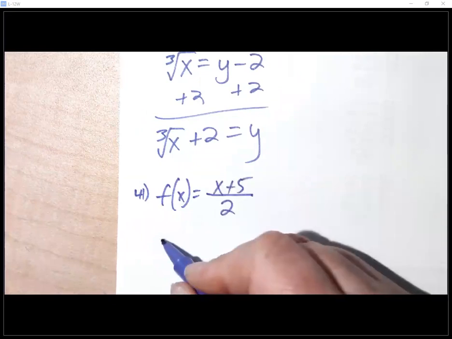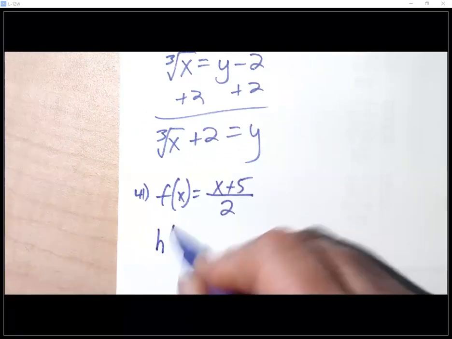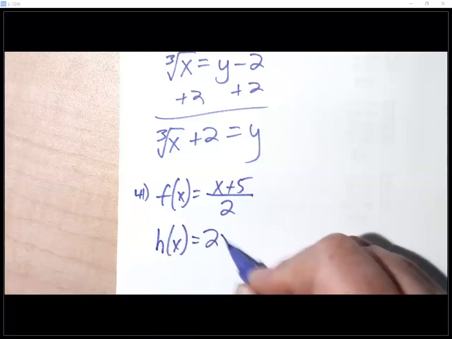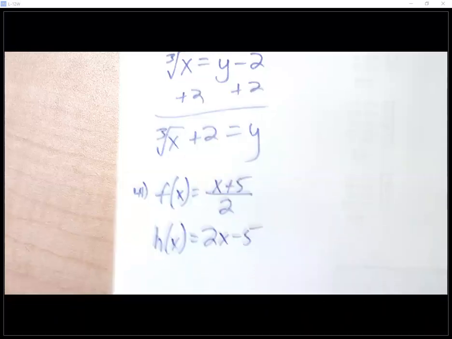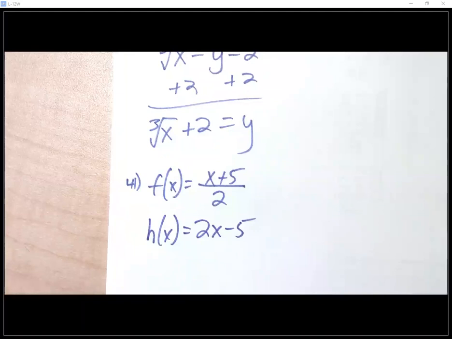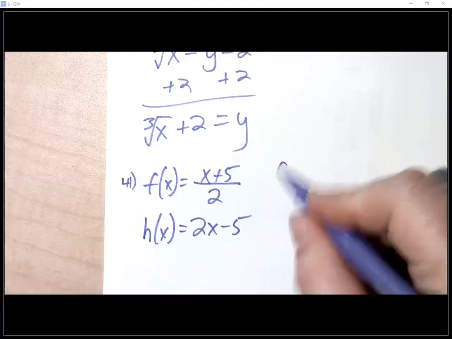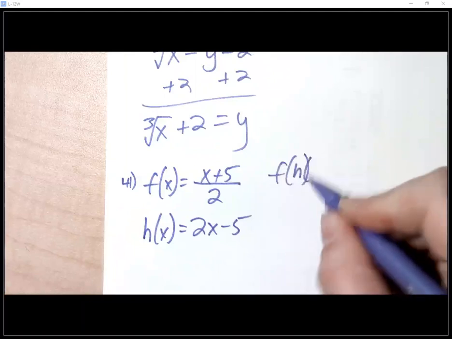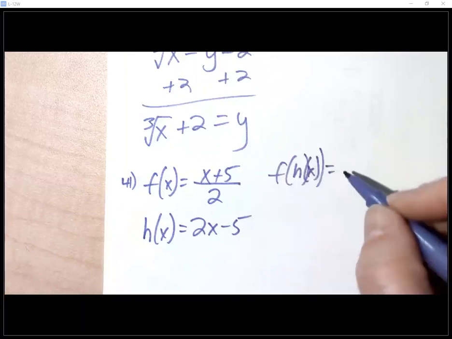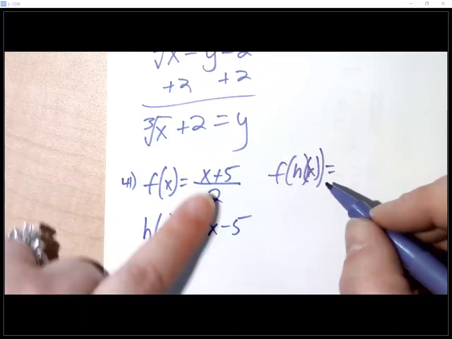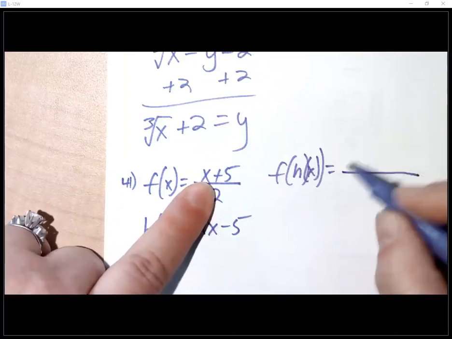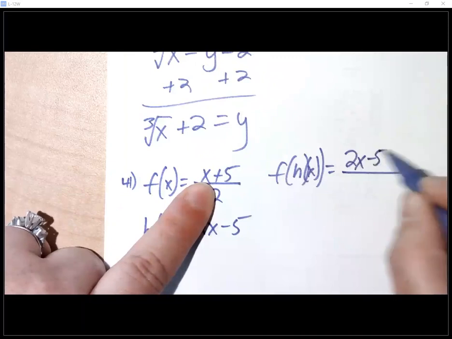And h of x equals 2x minus 5. So I'm supposed to tell if these two are inverses of each other. So let's do f of h of x. I'm going to take h and put it into the f. So 2x minus 5 plus 5 over 2.